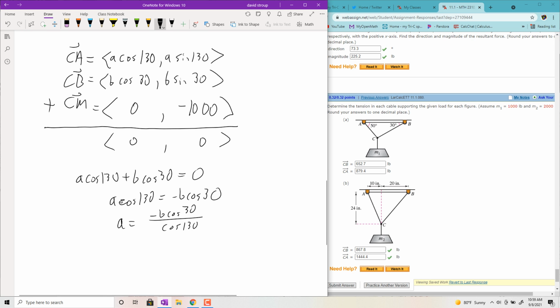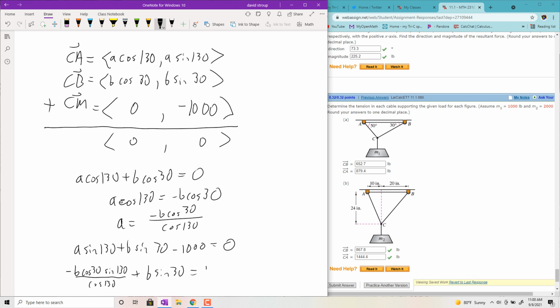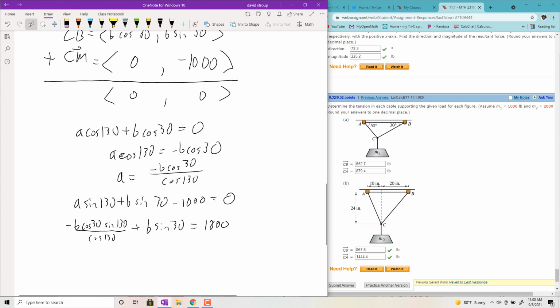Then the other equation is A sine of 130 plus B sine of 30 minus 1000 equals 0. Then you could substitute in for A, and get negative B cosine 30 sine of 130 all over cosine of 130 plus B sine of 30 equals 1000. And then you can solve for B, whatever the heck B is.